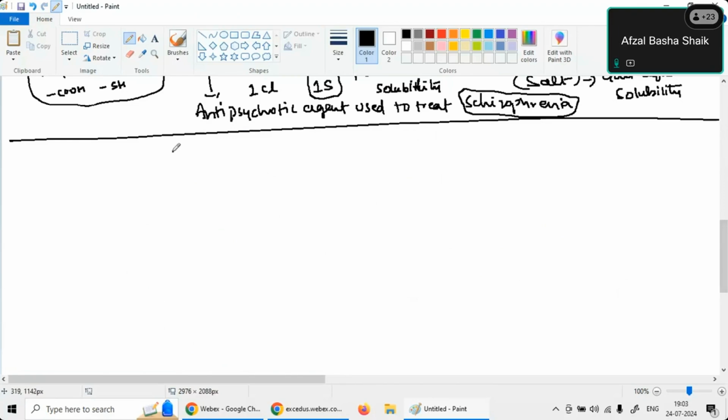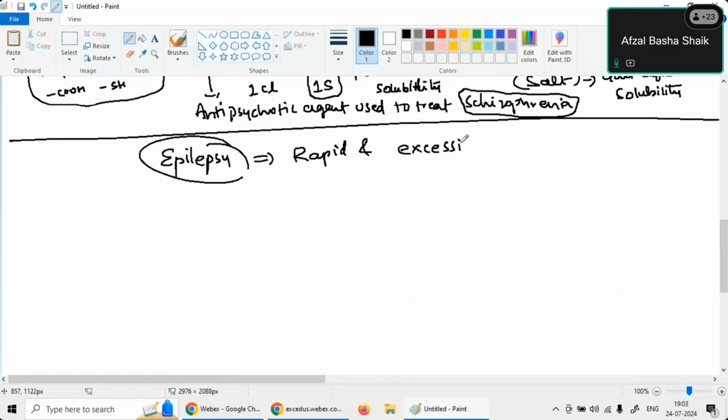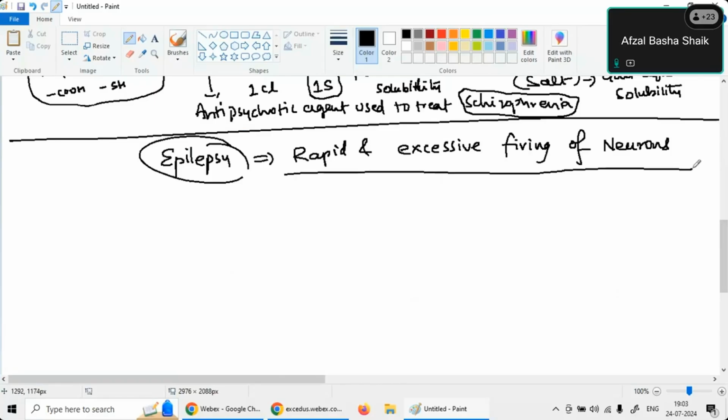Right. So what happens in epilepsy? There is rapid and excessive firing of neurons. What is the meaning of rapid and excessive firing of neurons?